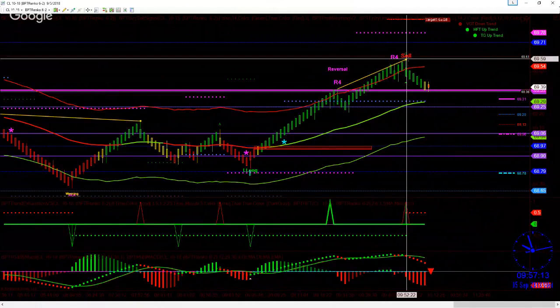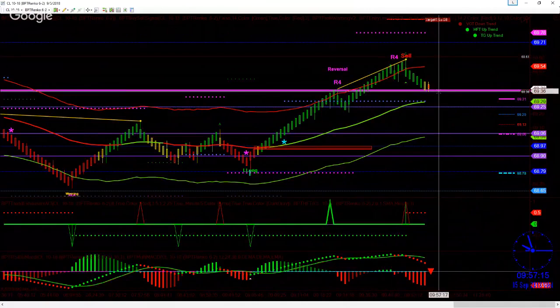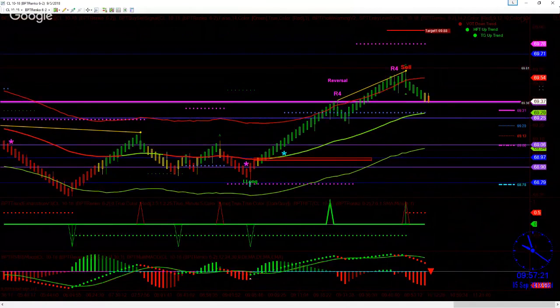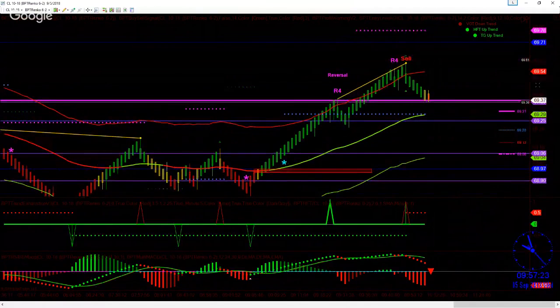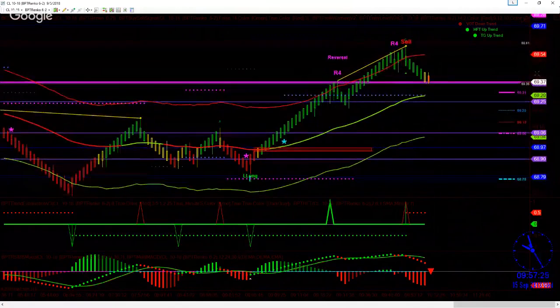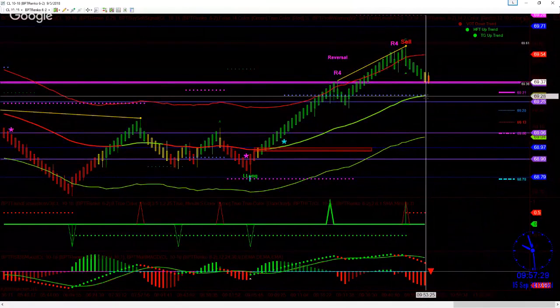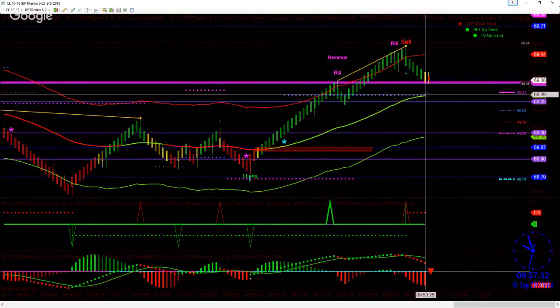It is very, very, and now we are sitting at the support line at 69.38. Then the next stop on the CL, if you are going to reverse that one, we have an extremely key level at 69.29.